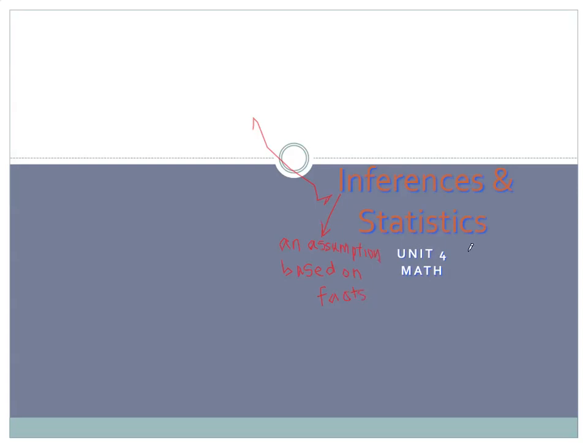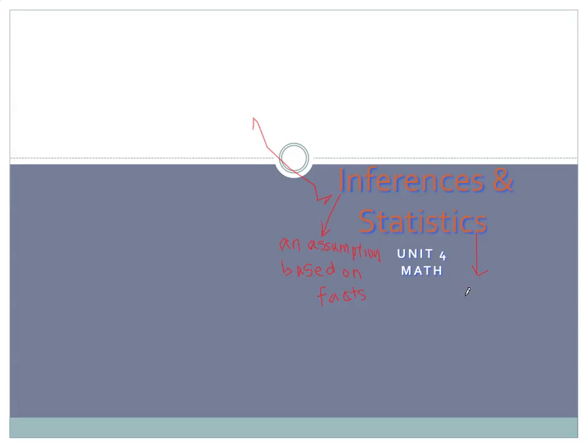Okay, so an inference is an assumption. And then statistics, this is actually data. This is like hard data. This is the data that can either prove or disprove your inference. It's almost like you make an inference, an assumption, and the statistics are what is going to prove or disprove it.